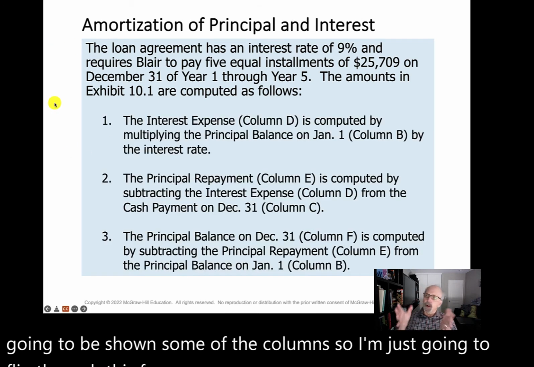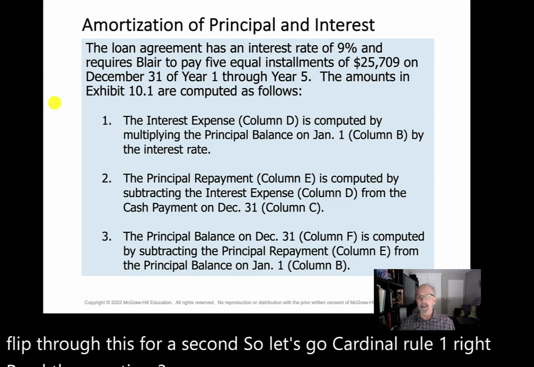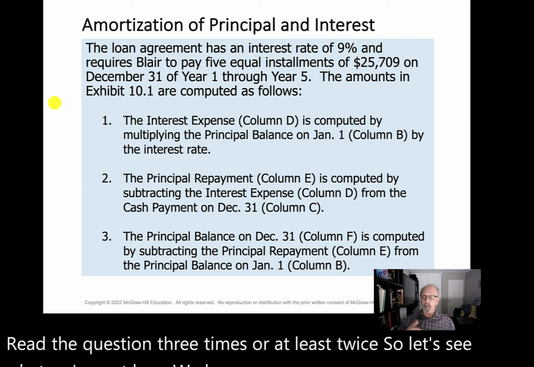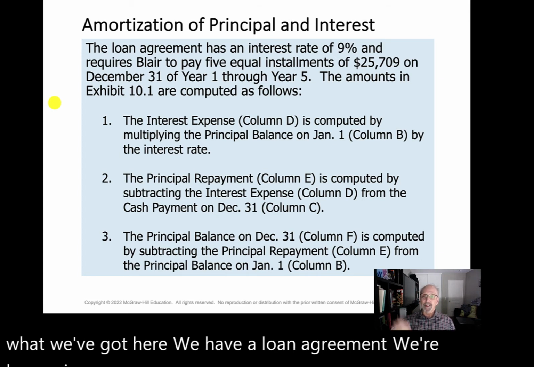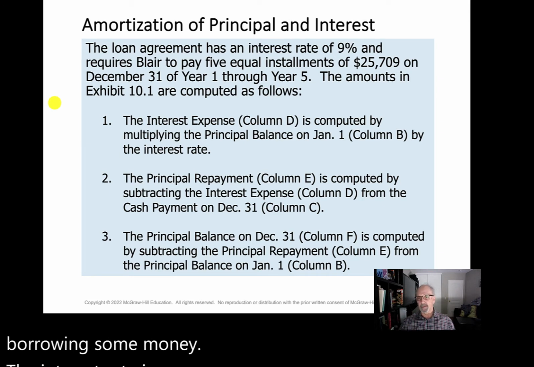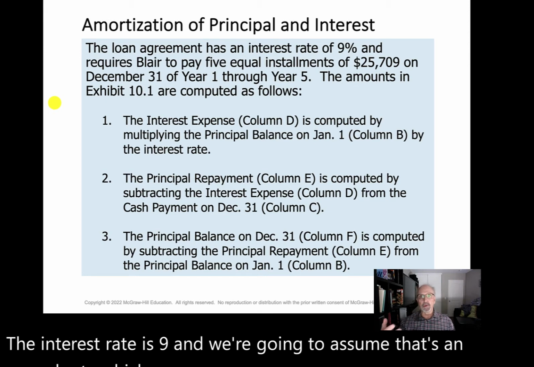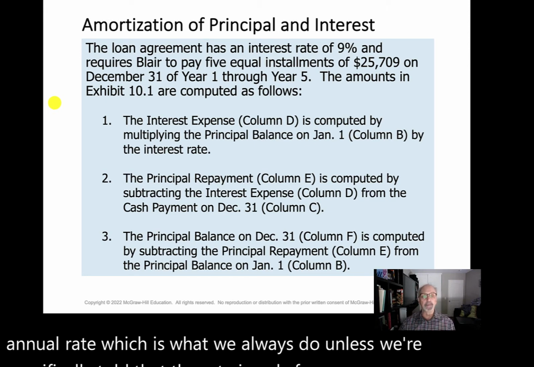So let's go cardinal rule number 1, right? Read the question 3 times or at least twice. So let's see what we've got here. We have a loan agreement. We're borrowing some money. The interest rate is 9%, and we're going to assume that's an annual rate, which is what we always do unless we're specifically told that the rate is only for a certain period of time.